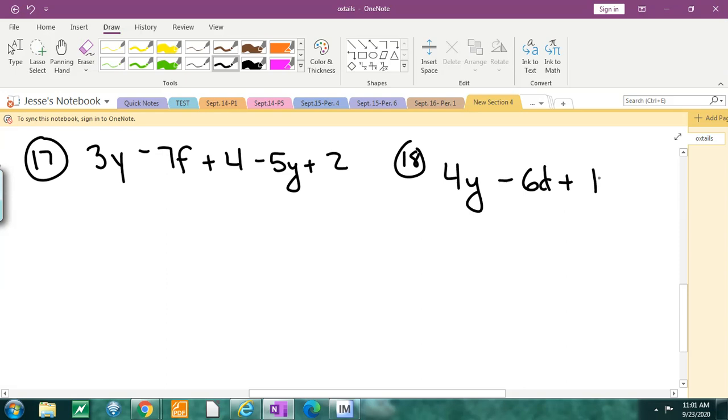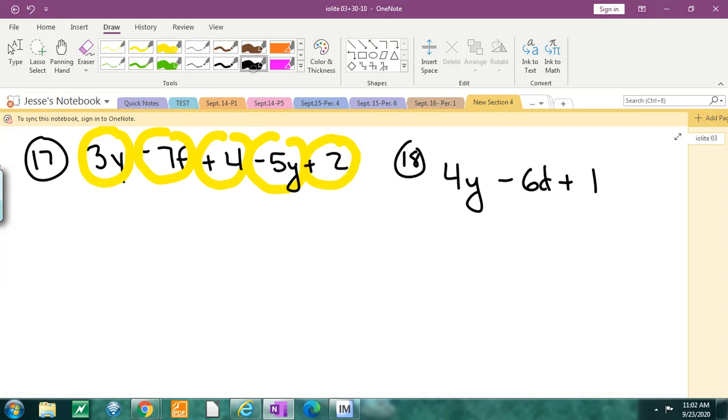All right, here we go. So this 17 and 18 basically says how many terms. So remember each term, right? So here's one term, 2 terms, 3 terms, 4 terms, and 5. Everything. All right, so what's your answer? I got 5 terms.